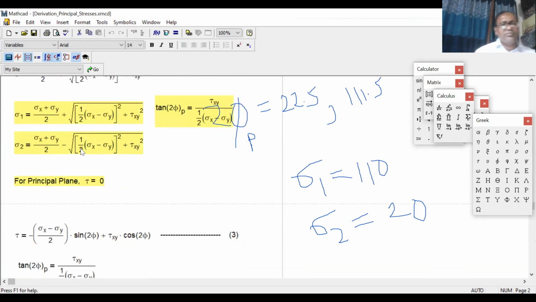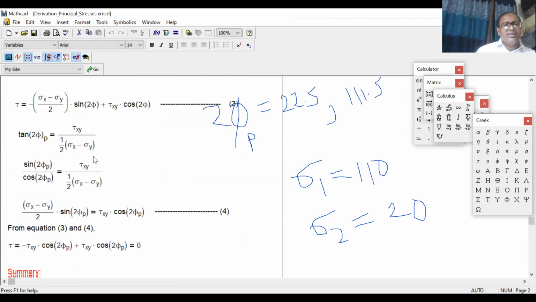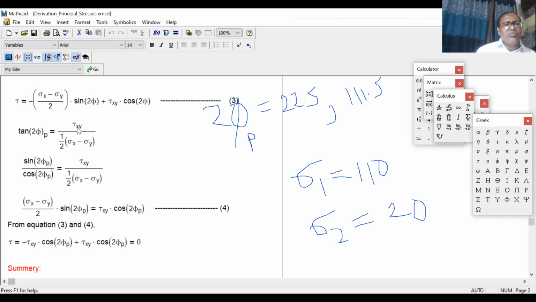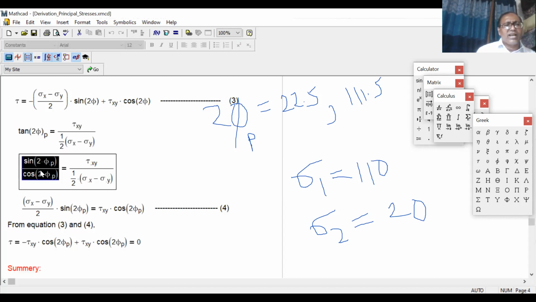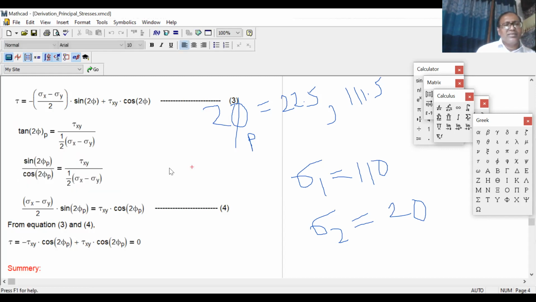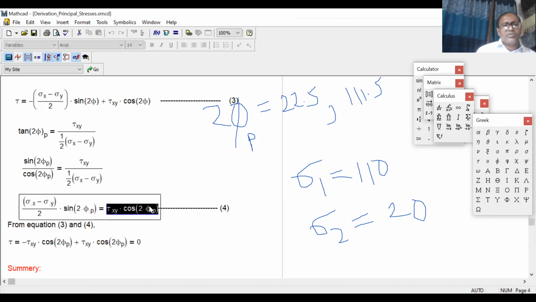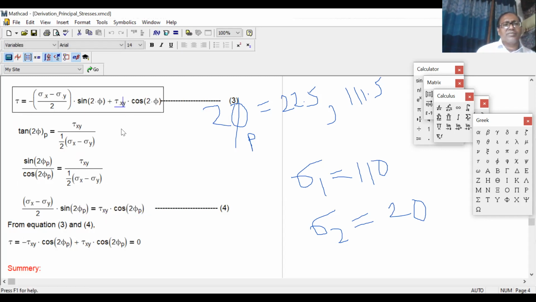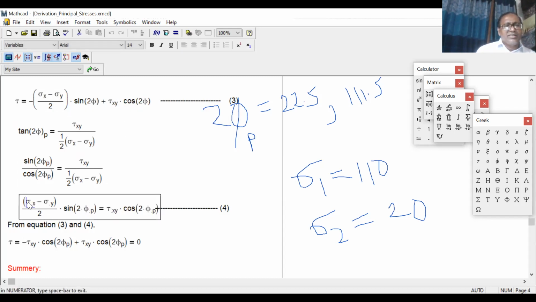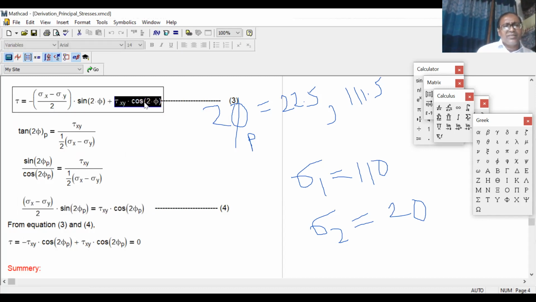How? You see, tan 2 phi equals this much, right? I can break up this one, sine by cos. Then you multiply. So half into sigma x minus sigma y, sine 2 phi equals tau xy into cos 2 phi. Now, you put over here, then what do you get? This equals this, right?